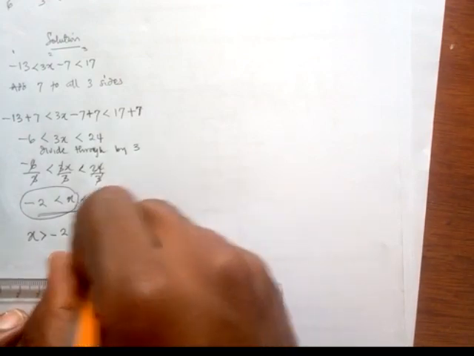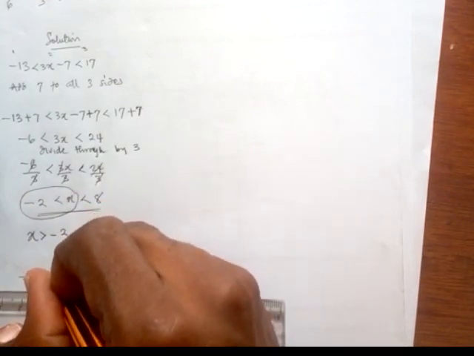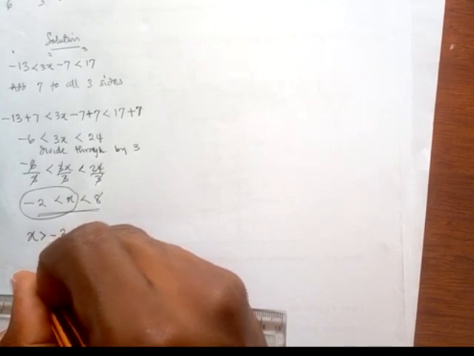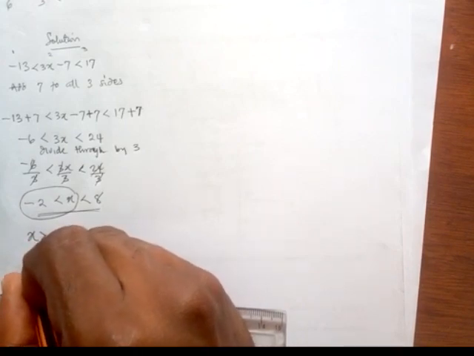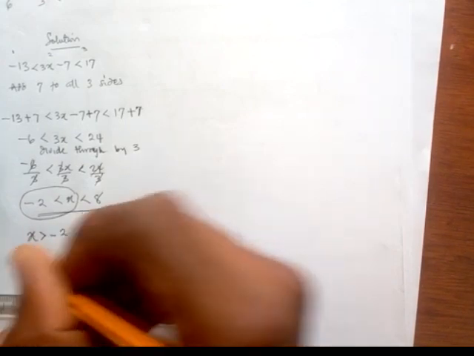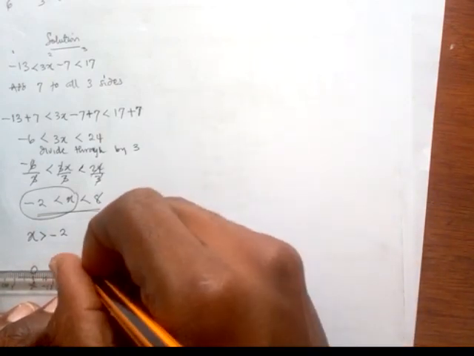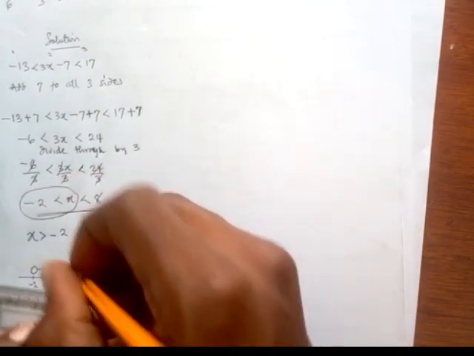Let's call this 0, this minus 1, this minus 2. I'll make my circle here and draw my arrow in this direction.